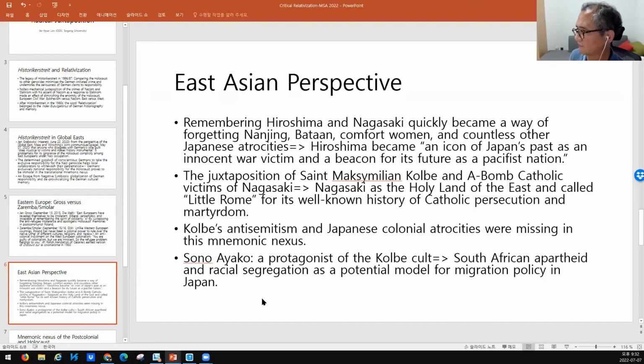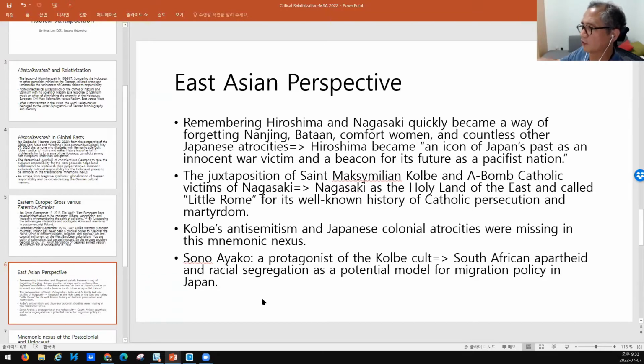One can also find a very interesting example in the juxtaposition of Saint Maximilian Kolbe and the atomic bomb Catholic victims of Nagasaki, because Saint Maximilian Kolbe was a missionary in Nagasaki for six years, from 1931 to 1936.